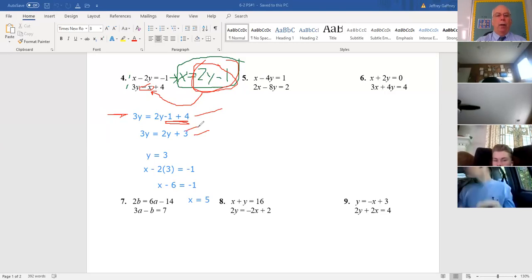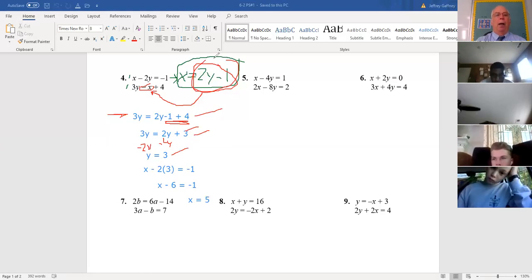We're not moving it to the other side of the equation, so we don't have to do the opposite, all right? And then the only thing I did here is I subtracted 2y from both sides, all right? I subtracted 2y from both sides. All right, so we ended up with y equals 3. Boom, we got half the ordered pair done.